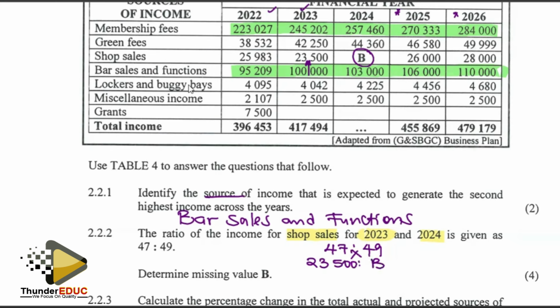What do we do? Cross multiply. So the 47 multiplies with the B is the same as 49 multiplied by 23,500.